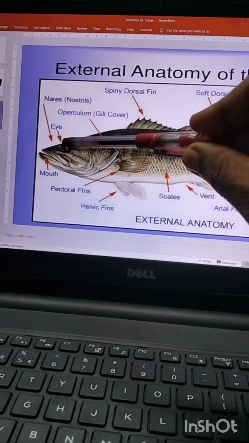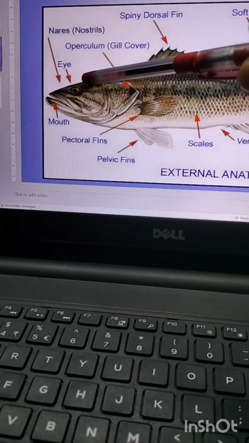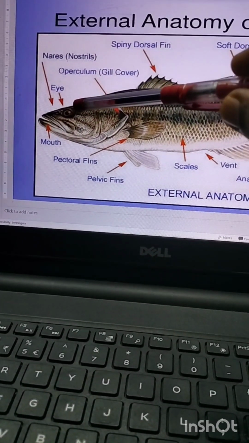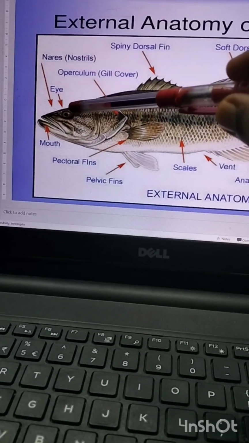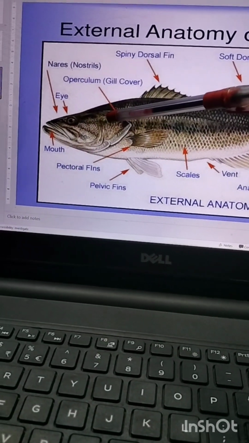You can see the eye in the head, and there is no lid on it. Usually in most fishes, the eyelid is absent.